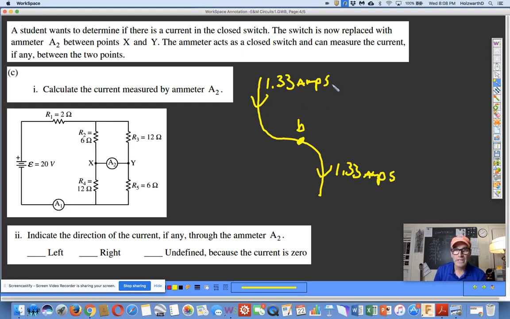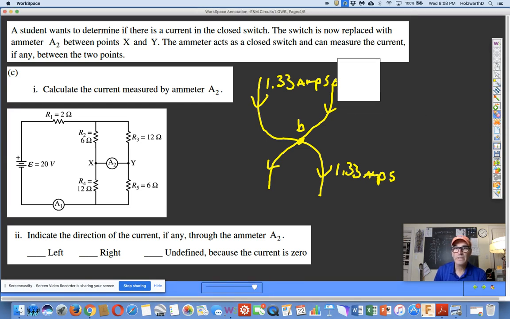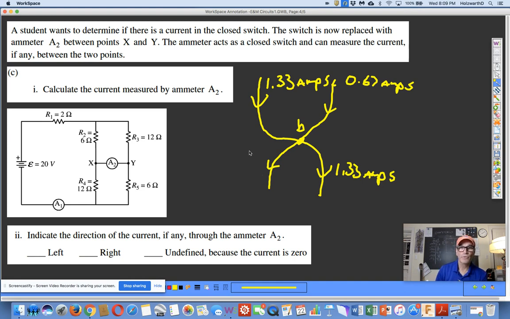Likewise, the current that flows through R3 passes through junction B, then flows through R4. So that's the 0.67. Let me clean that up a little for the sake of discussion. 0.67 amps flows through R3, reaches junction B and moves through the 12 ohm resistor.